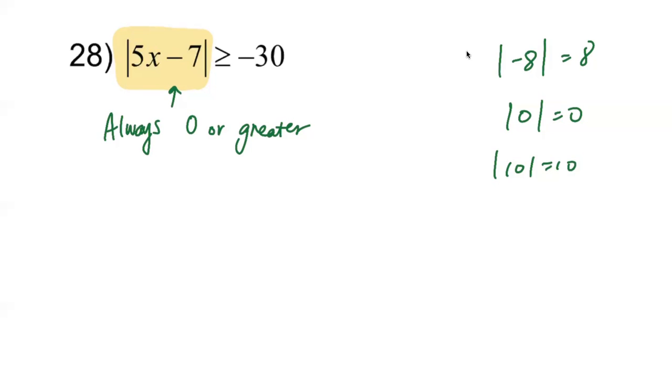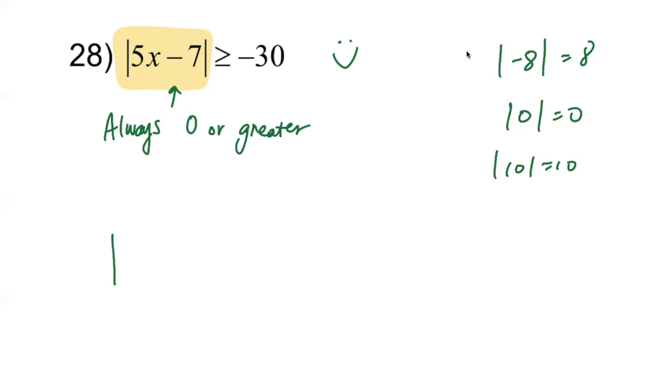The absolute value of anything is 0 or greater, and it is going to be greater than -30 at all times. And that means it doesn't matter what you put in for x, this statement will always be true.